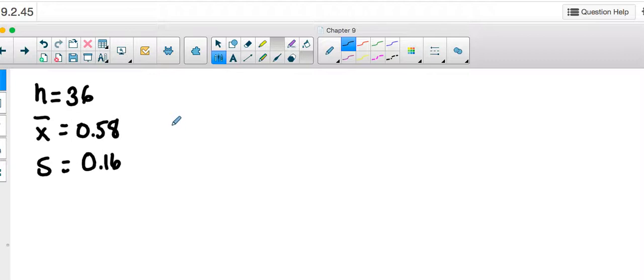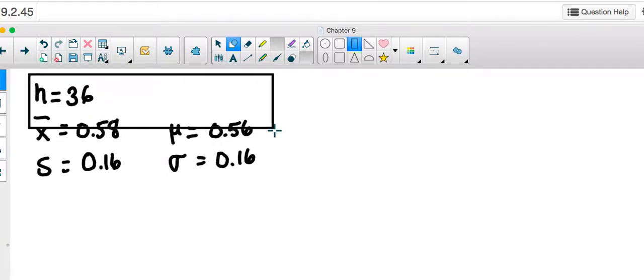Now, on the population side, the question says the population has a compulsive buyer mean of 0.56. The standard deviation is not given, and we're allowed to assume it's going to be the same, 0.16. So there's our data all neatly organized.